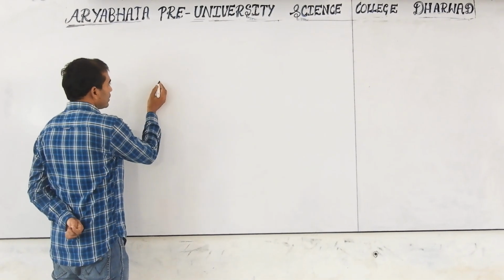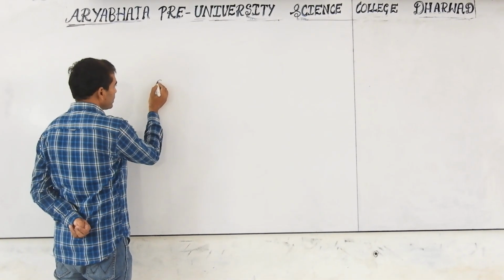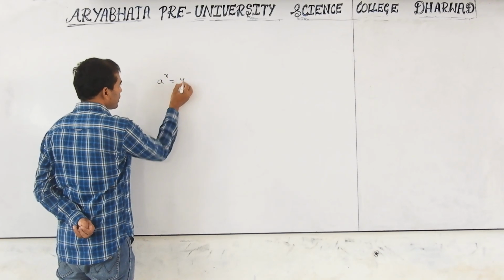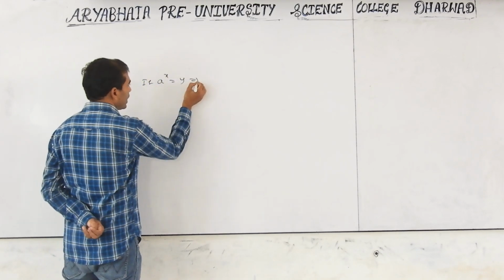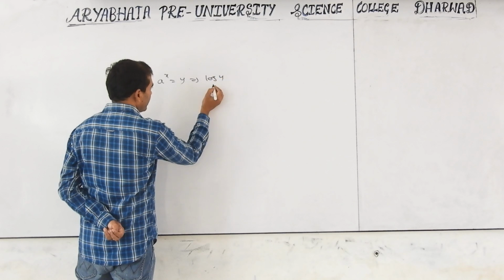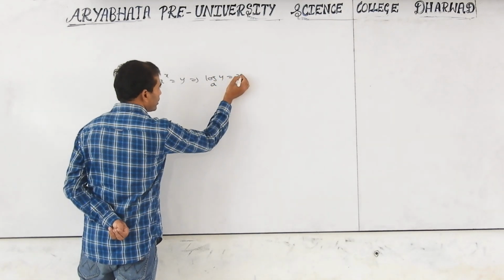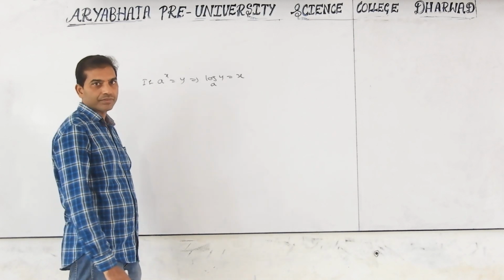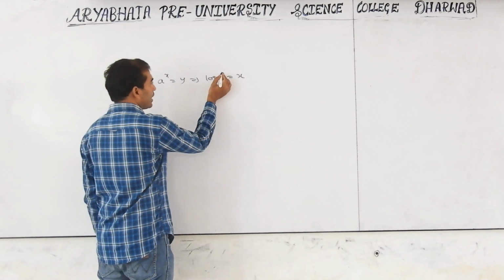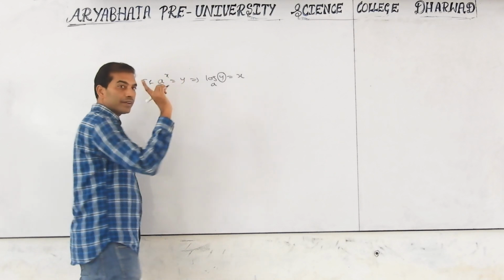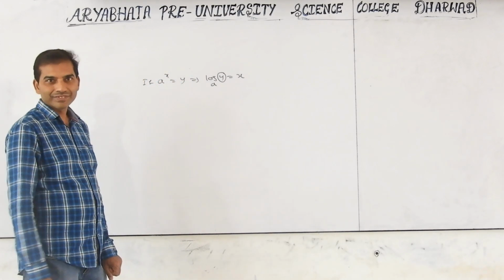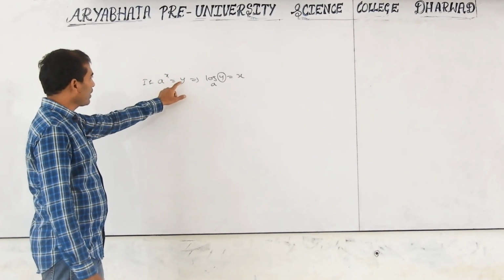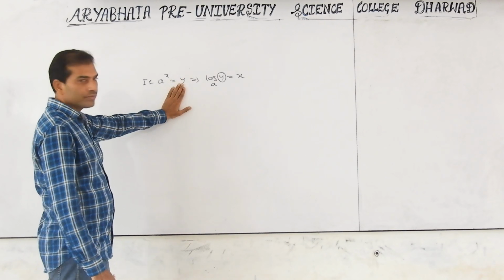Logarithm function means if a raised to x equals y, then log y base a equals x is called the logarithmic function. Here y is never negative. See, a raised to x equals y: can you get y as negative?